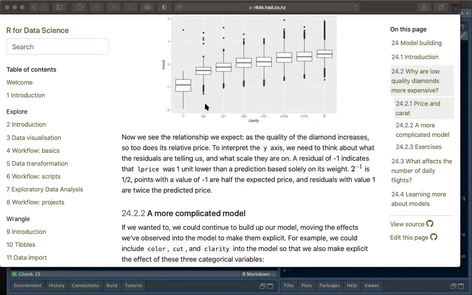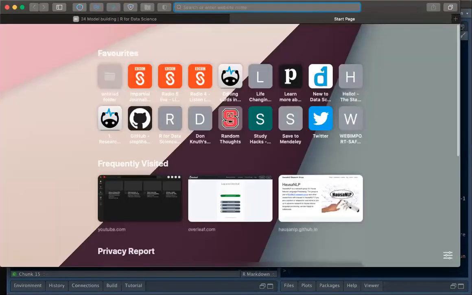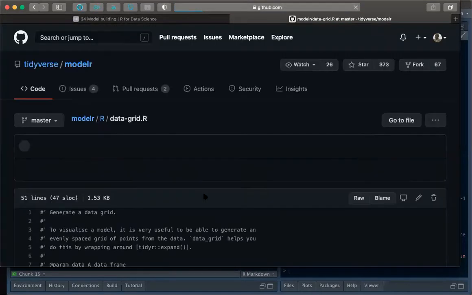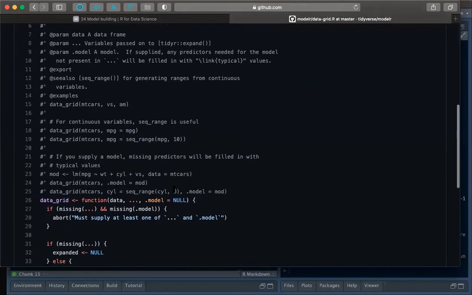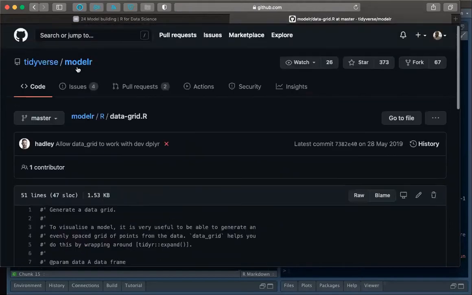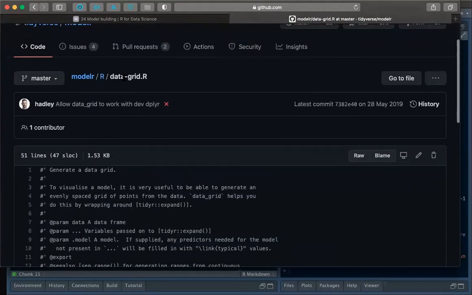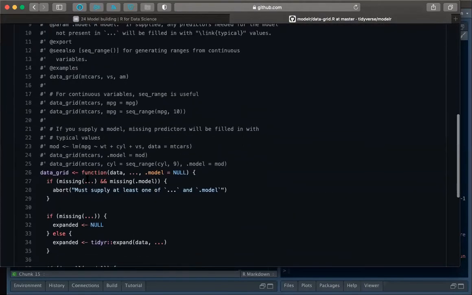If we look at the data grid function, this is data grid from modelr. After you put the data, there is model equals null.